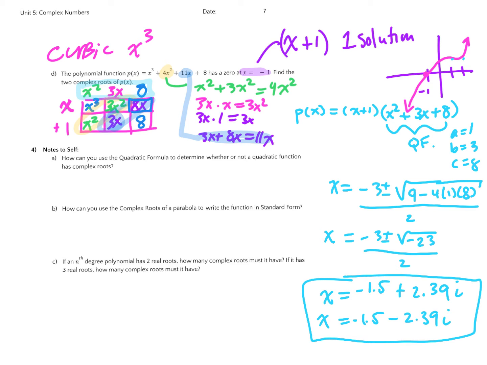Okay, so you have three solutions. You have x equals negative 1, x equals negative 1.5 plus 2.39i, and x equals negative 1.5 minus 2.39i. But three solutions because it's a cubic.